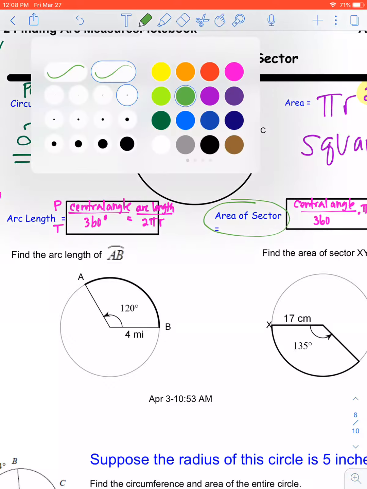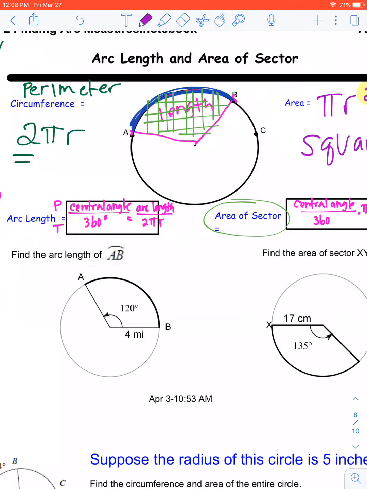I'm going to make the analogy to a piece of pizza. In a piece of pizza, your arc length is the crust length, and the area of a sector is how much area is the whole piece that you're eating.